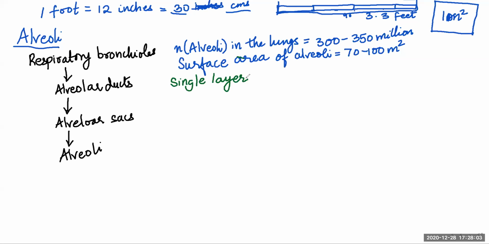Because it helps in diffusion of gases. याद है मैंने आपको बताया था diffusion of gases? Alveoli is made up of a single layer of epithelium. What epithelium? Flat cells, so squamous epithelium. So I can say it is made up of simple squamous epithelium.